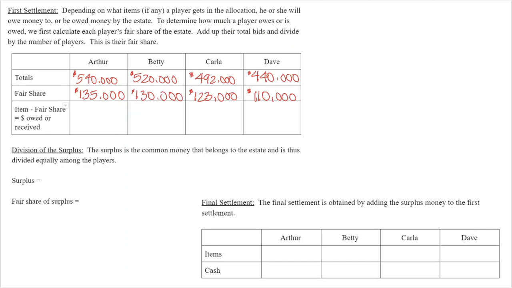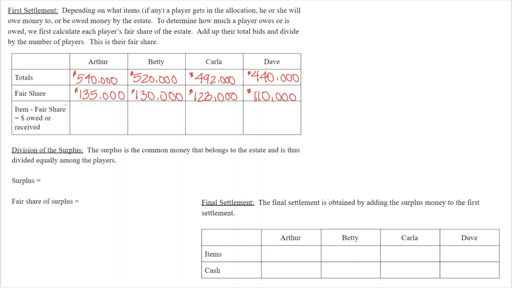We add up Betty's total bids, divide by 4. Add up Carla's total bids, divide by 4. Add up Dave's total bids, divide by 4. Then the next step is to look at the item that they won, how much that was worth, minus their fair share to figure out how much money they either owe or should receive.